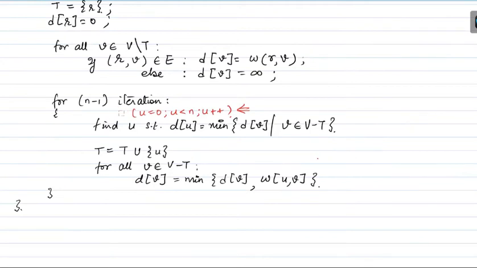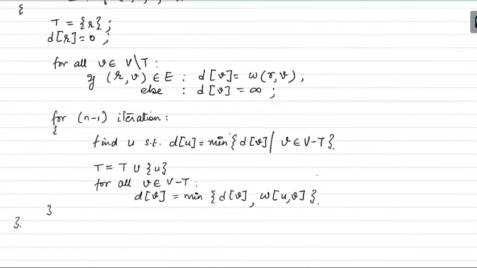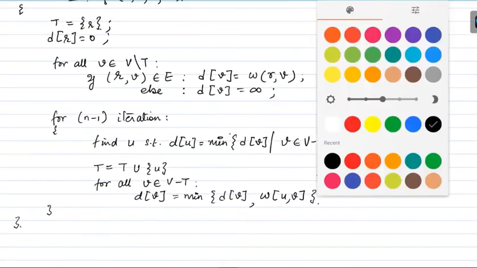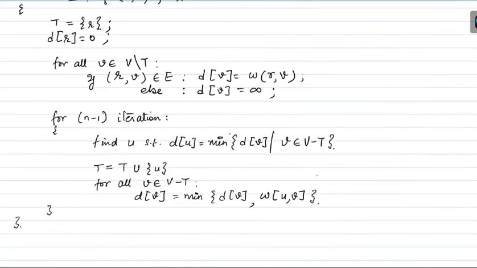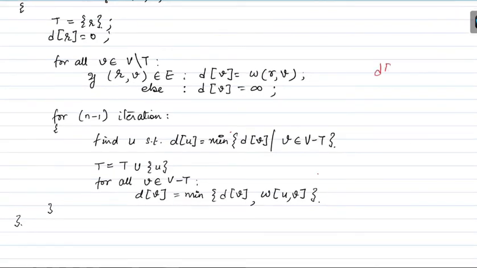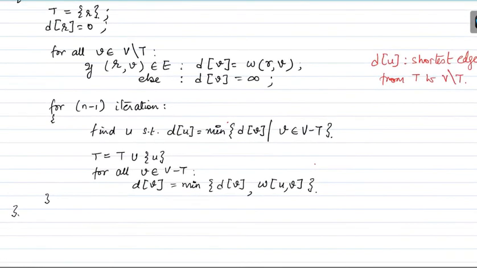So what changes? Look, the difference is that earlier in Prim's algorithm, what was d_u? In Prim's algorithm, d_u was the shortest edge from T to V minus T, right? And now d_u is what? d_u is the shortest path.